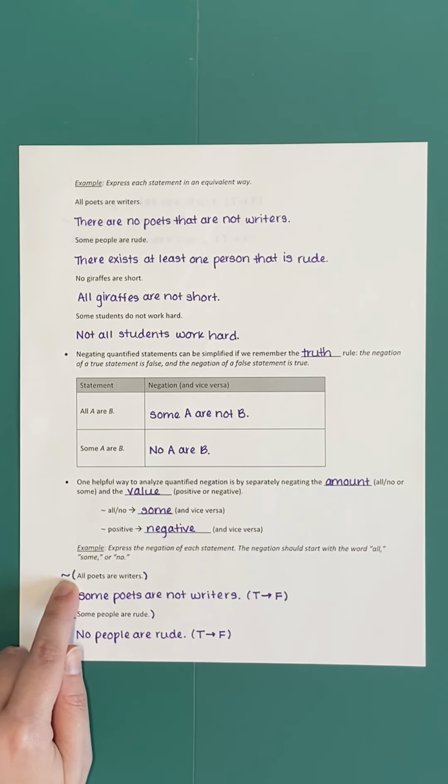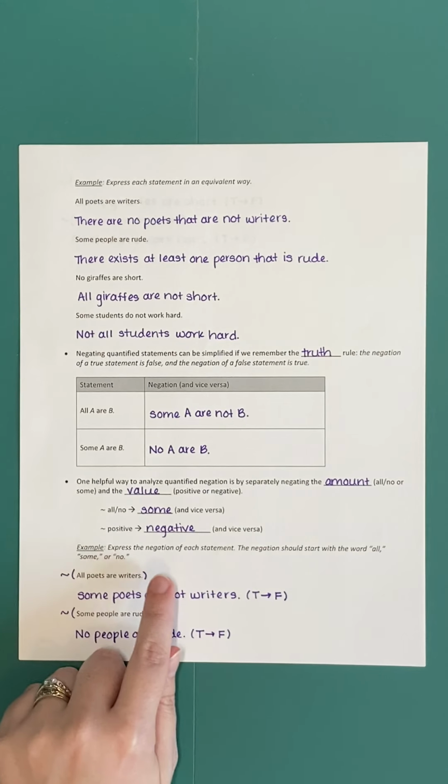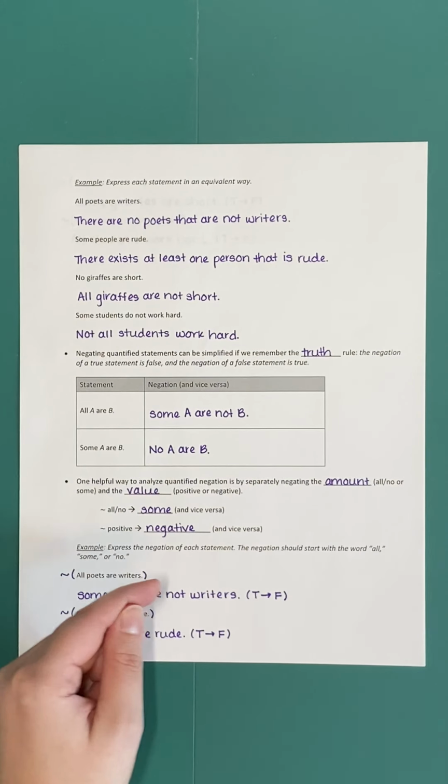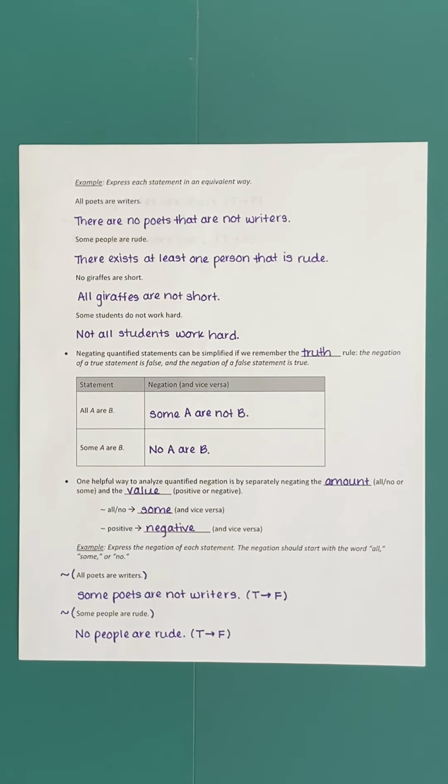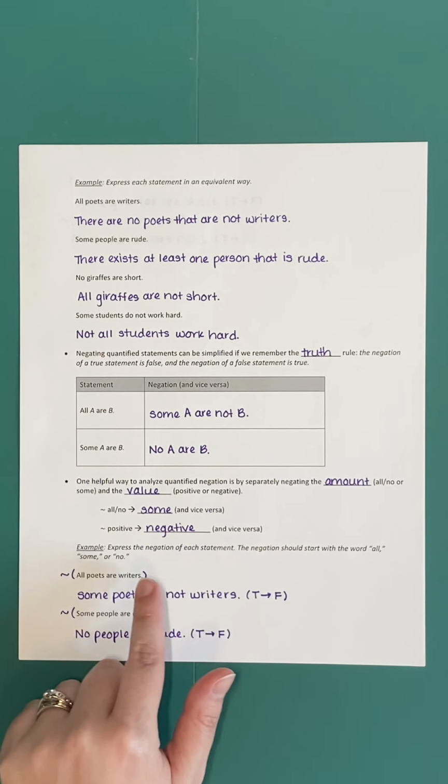Now we're negating that. Here's the symbol we're going to use to negate. If we use our tilde, our not symbol, and put parentheses around our statement, that's a way of communicating that we're negating that statement. We're taking that statement and expressing the opposite information. So let's think about what's being communicated here.